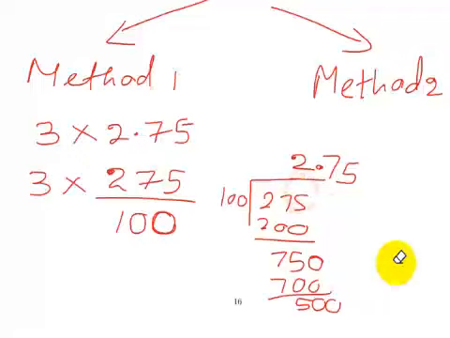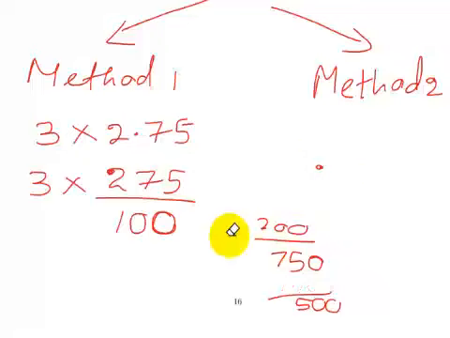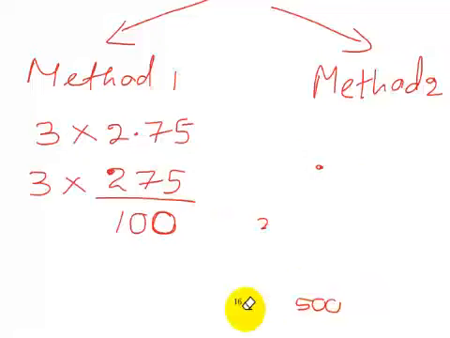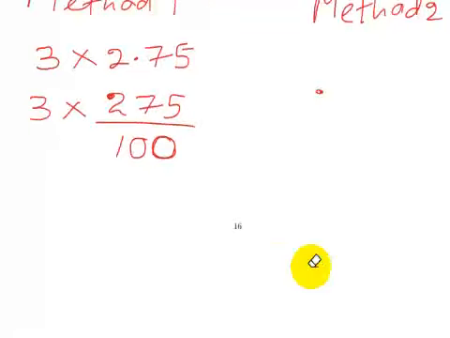So now I can multiply these. This is a 3, the numerator value. Here there is no value, so we can put 1.